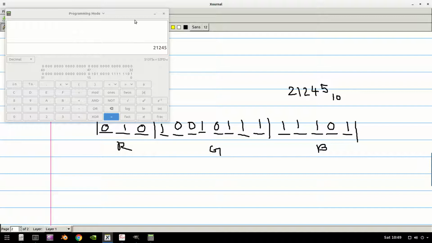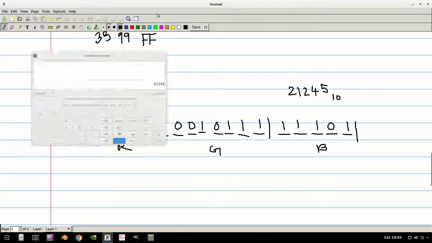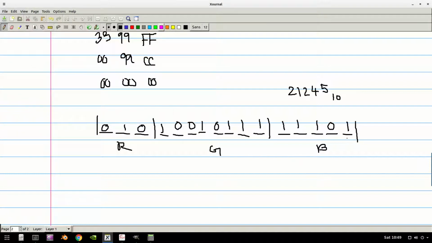Okay, so that's that. And it checks out. So from 0 to 15, we got 16 bits here. Out of them, 8 bits are for green, and the remaining 8 bits are for red and blue. And this is what we are worried about. This is what we need to write.